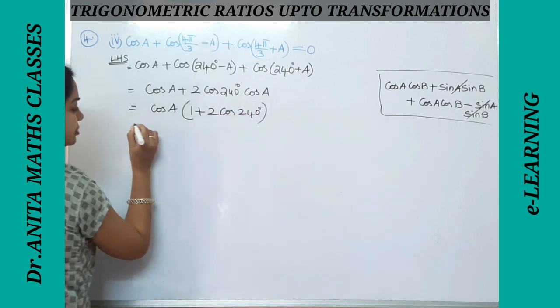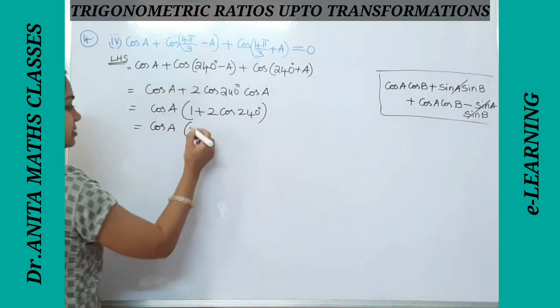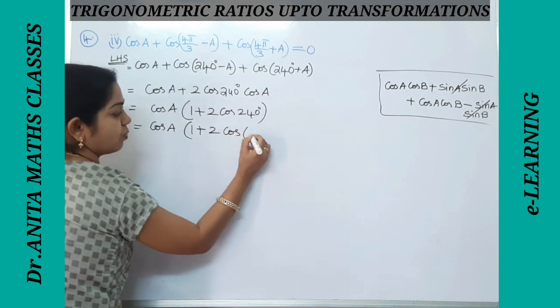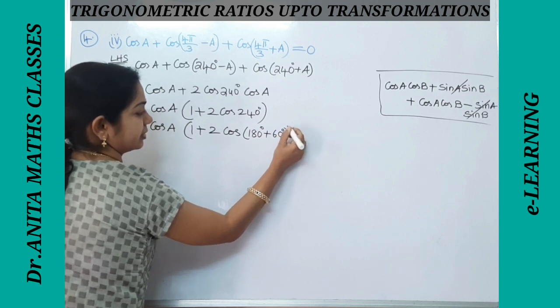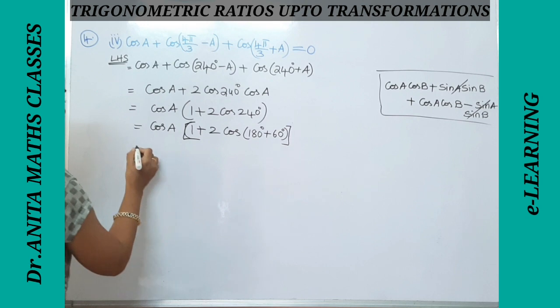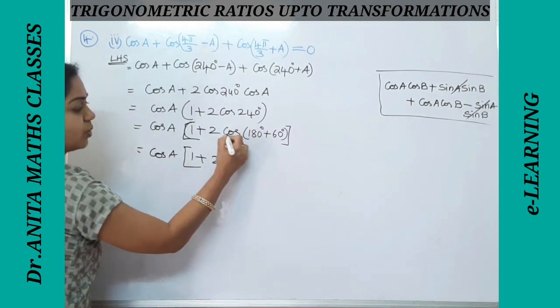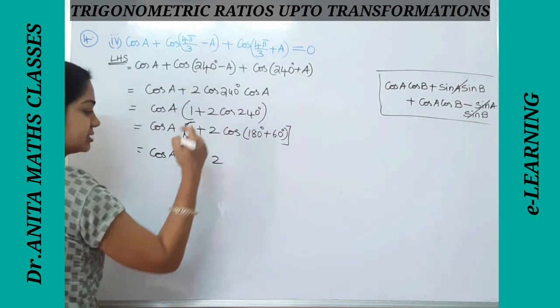Now I can resolve this 240 degrees into 180 plus, or 270 minus, either way you can do. So 180 plus 60 degrees, right? Now that comes to cos A into 1 plus 2 cos 180 plus 60, that comes to the third quadrant, again cos is negative.